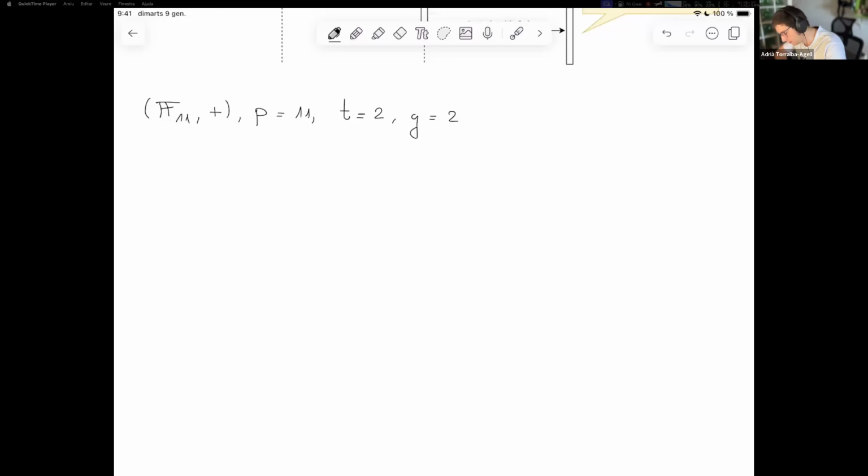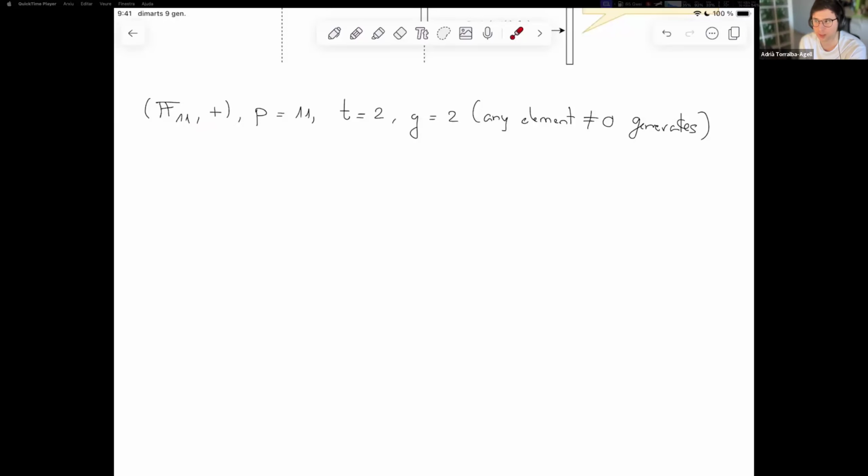Here actually any element different from 0 generates. We will be working on F modulo 11.